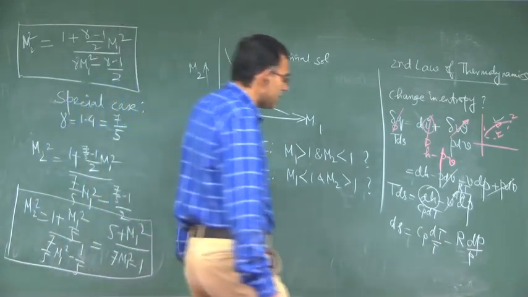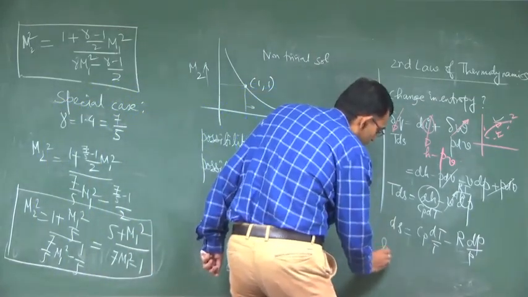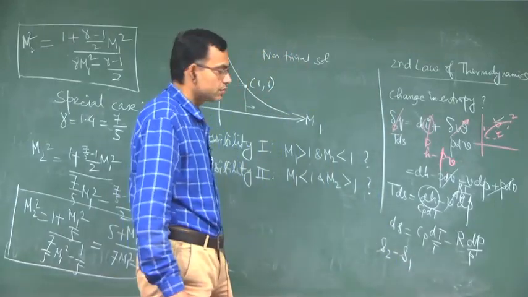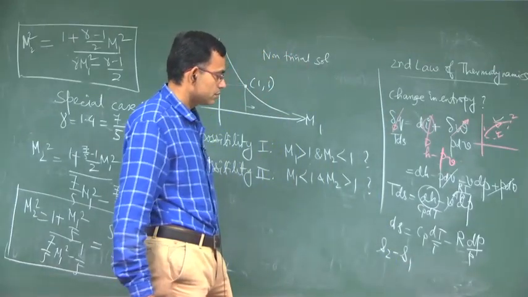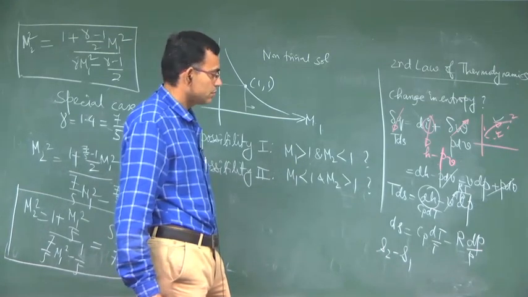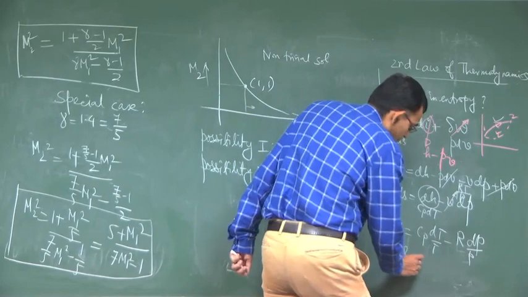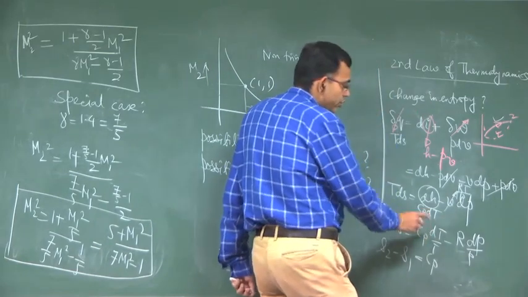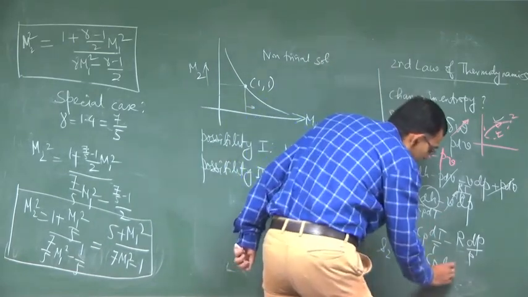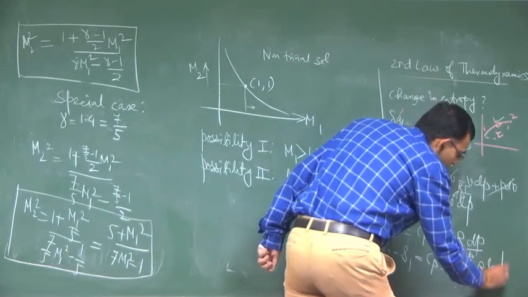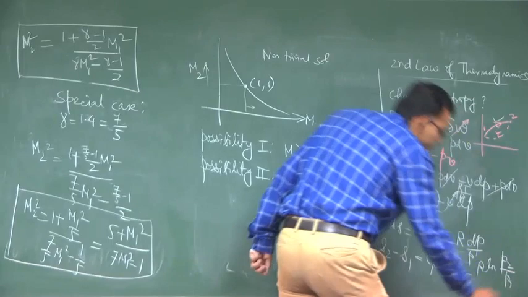So, if you calculate the change in entropy across the shock, if you assume Cp as constant, then it is Cp ln T2 by T1 minus R ln of P2 by P1.